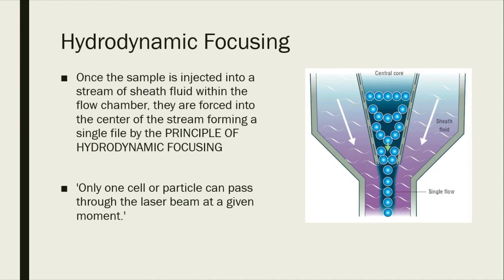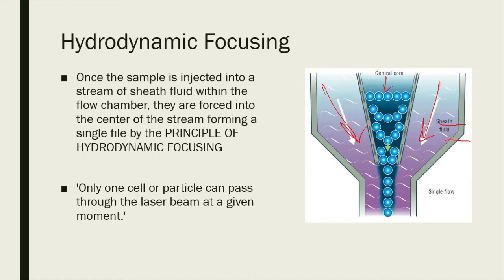Now, graphically, let's break down each of those systems and look at what it means. So here are two streams of sheath fluid, what we call sheath fluid. There's fluid being injected from one direction and the other, and cells in the middle are being passed through a narrow conduit.